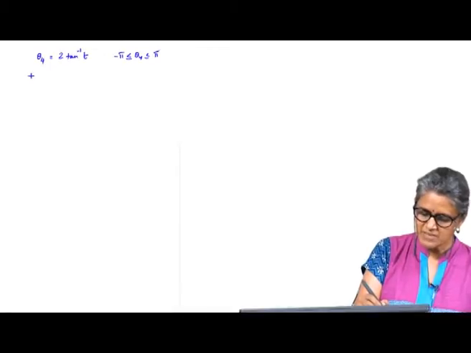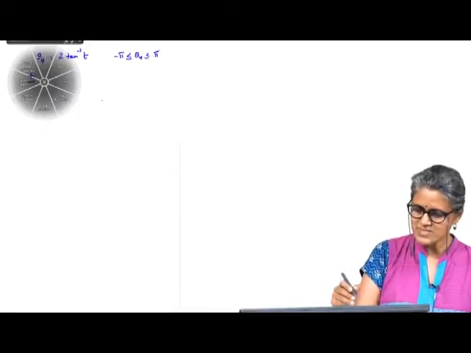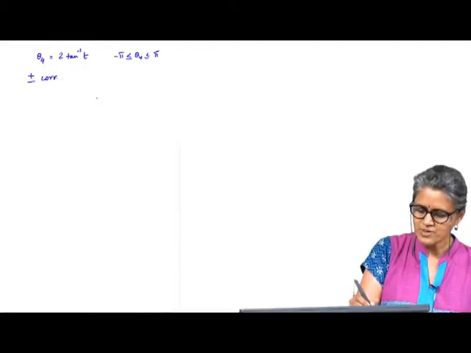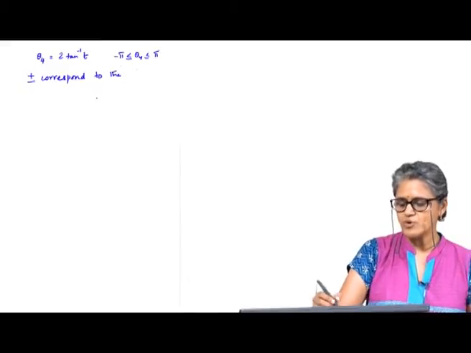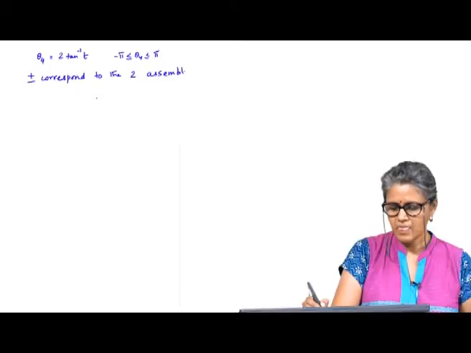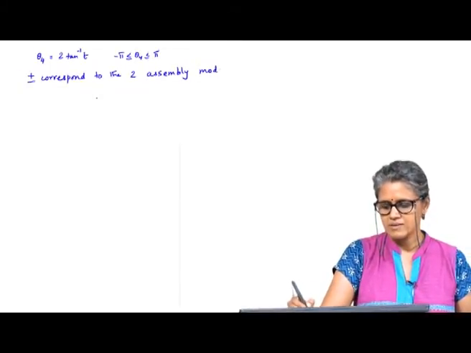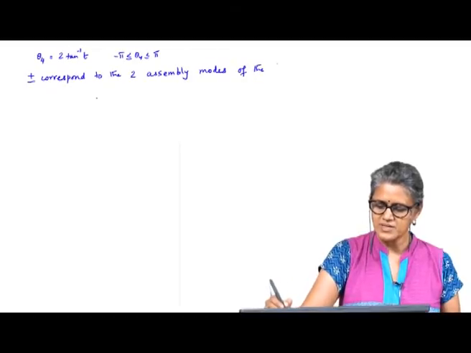The plus and minus, the 2 roots of T, correspond to the 2 assembly modes or configurations of the linkage.